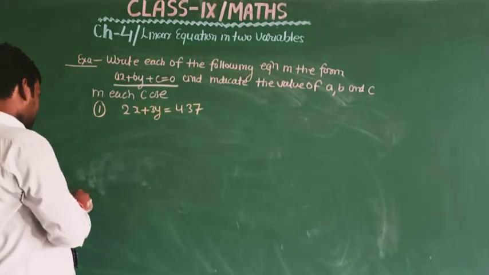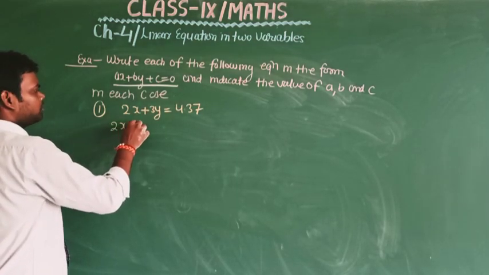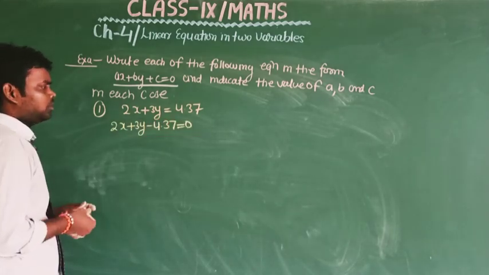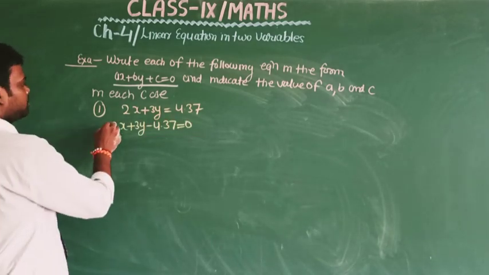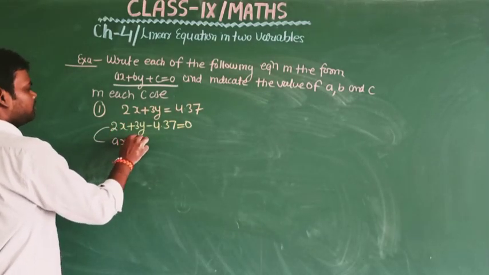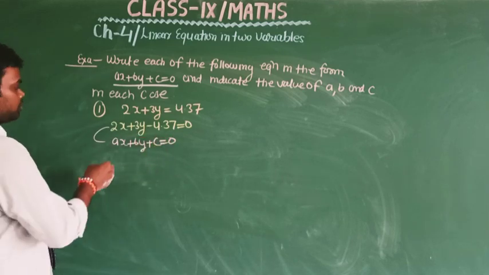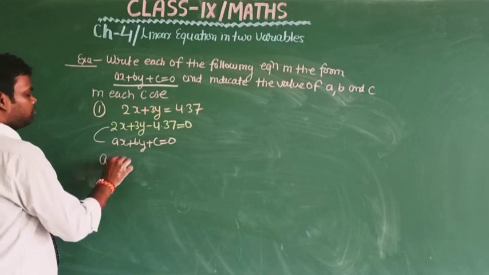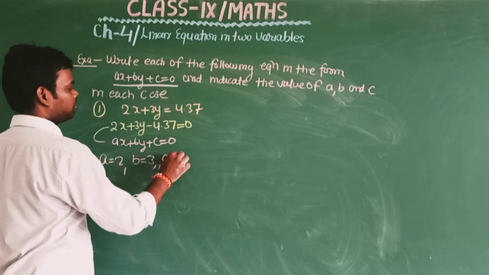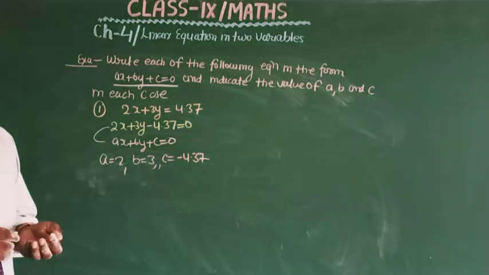So this equation is written as 2x plus 3y minus 4.37 equal to 0. Comparing with ax plus by plus c equal to 0, we get a equal to 2, b equal to 3, c equal to minus 4.37.